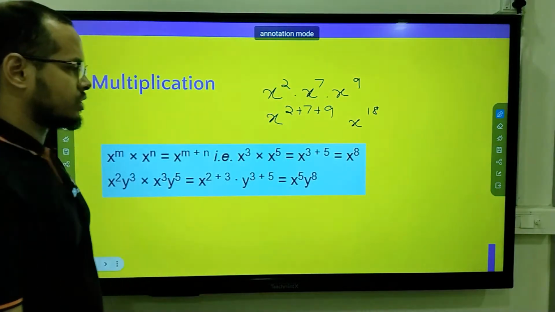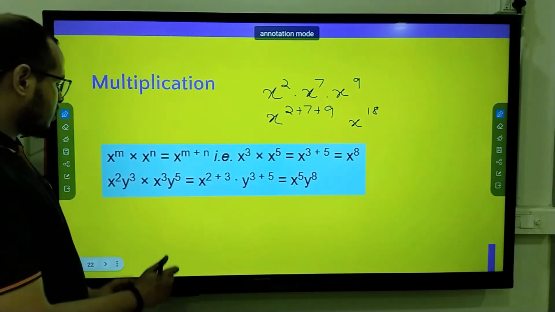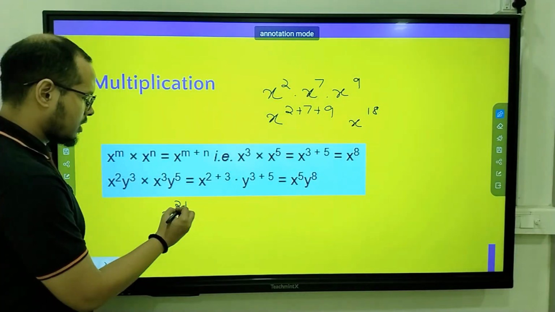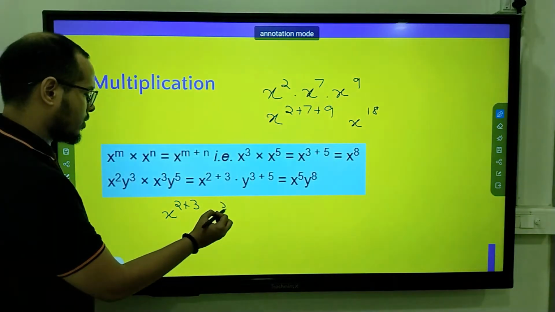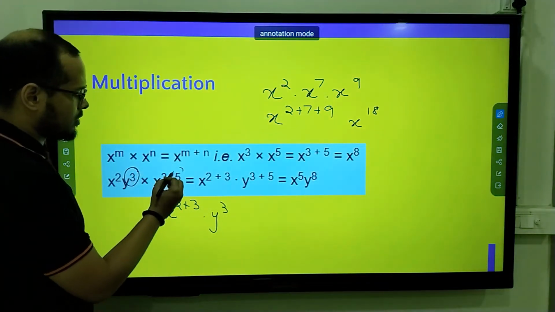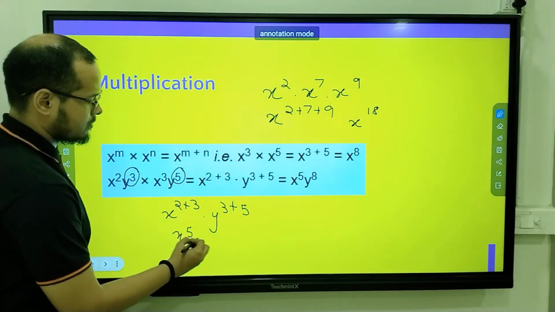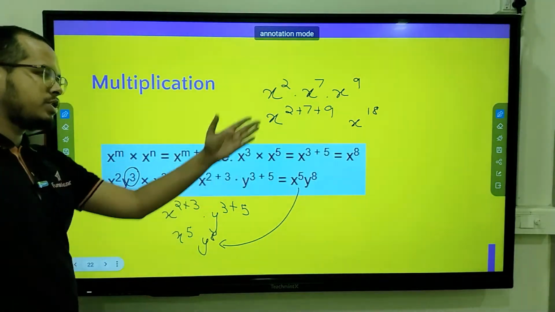This is a property of exponents, and we'll be using it. Now for the second question, we have x raised to the power 2, again x raised to the power 3. Similarly for y, I have y here and another y here, so plus 5. So this becomes x raised to the power 5 and y raised to the power 8. We're using this property only.